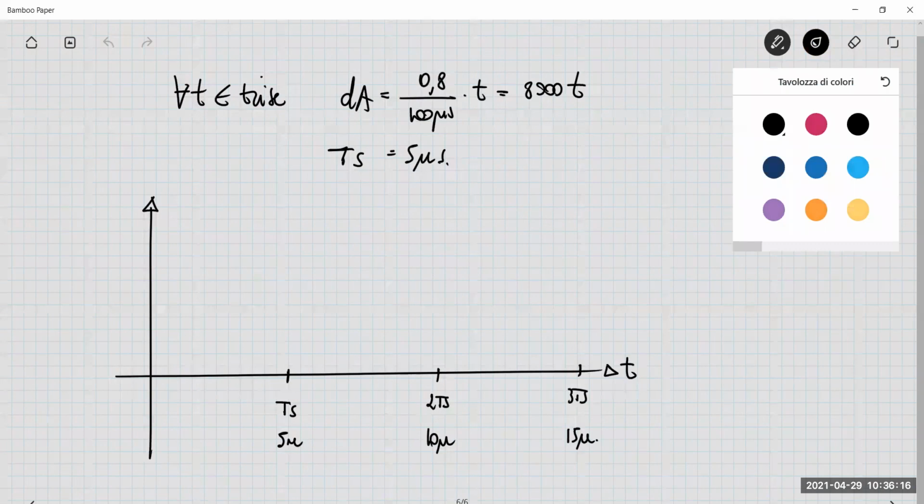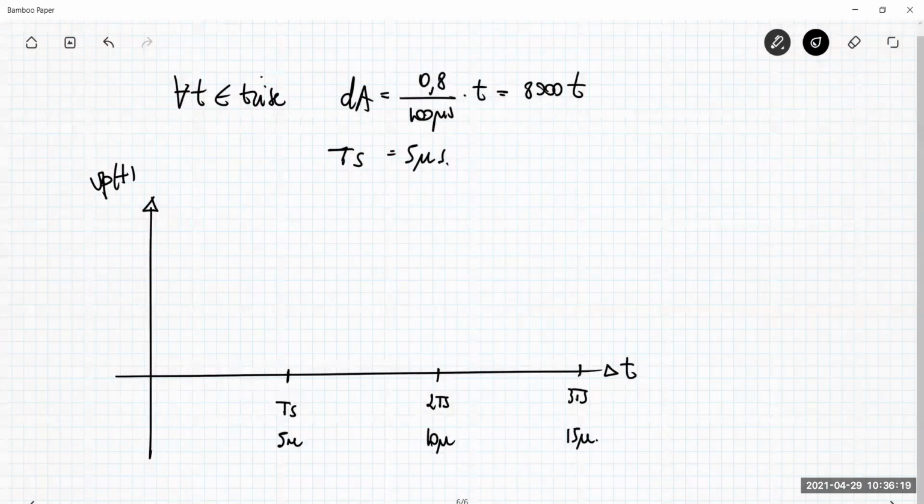Which is the voltage Vp. In the first interval, this is the expression of the duty cycle. The duty cycle is, let me put this in a sort of table. So for the first TS, the duty cycle is 8,000 multiplied by 5 microseconds, so the duty cycle is 0.04.